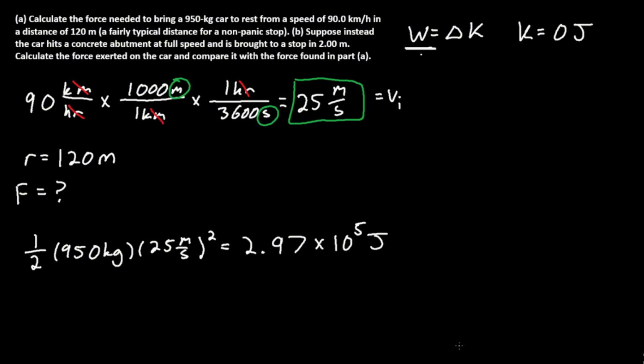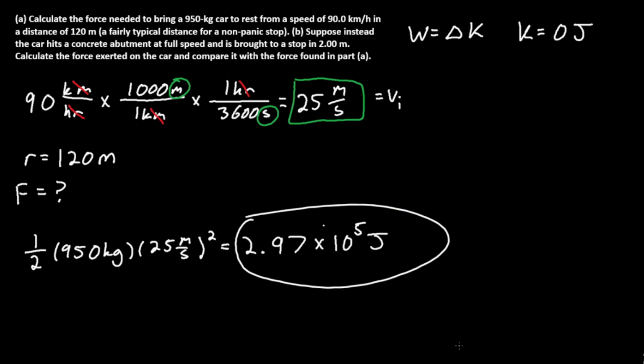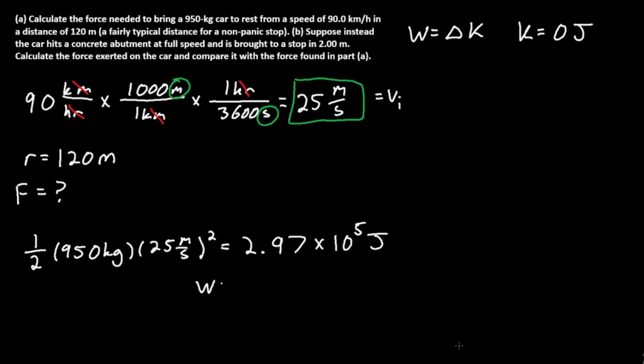If we want the kinetic energy to be 0, which means the car's at rest, we want the change in kinetic energy to be equal to the negative of the current kinetic energy, so that it cancels all this out and turns into 0. So we want our work to be the negative of the current kinetic energy, so that all this cancels out.